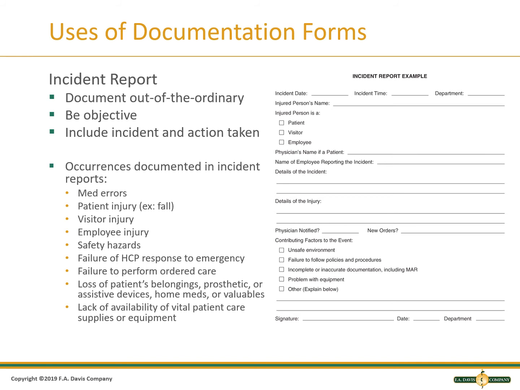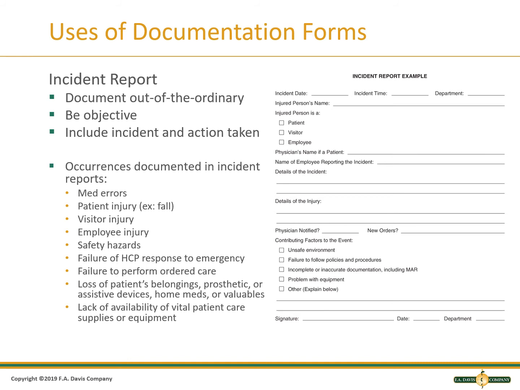These incident reports are kept separate from the patient records, and they are reviewed and analyzed by facility committees, like quality assurance committees, for the goal of improving, for example, patient falls. We want to decrease our falls, so they want to prevent further occurrences of these incidents.